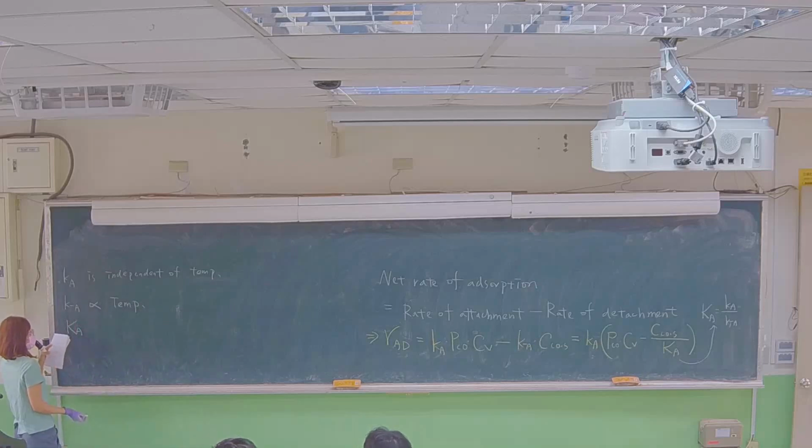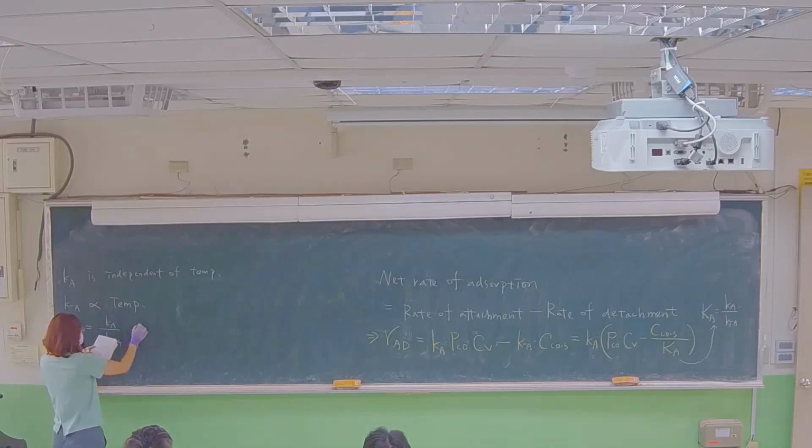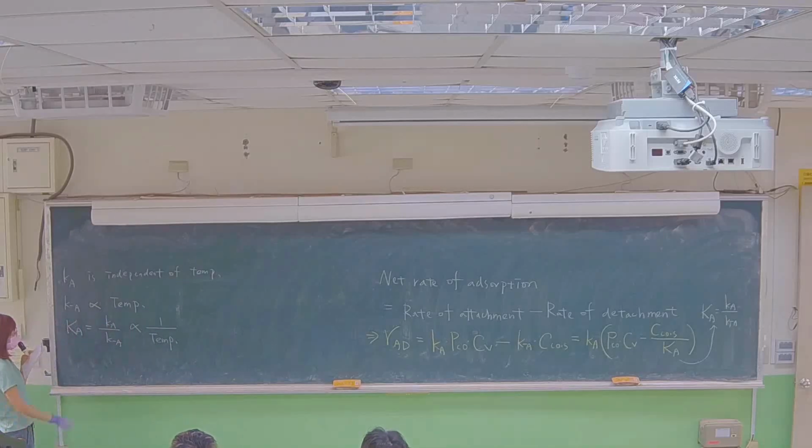Because capital Ka is Ka over K minus A, it is inversely proportional to temperature. That's the relation of the constant and the temperature.